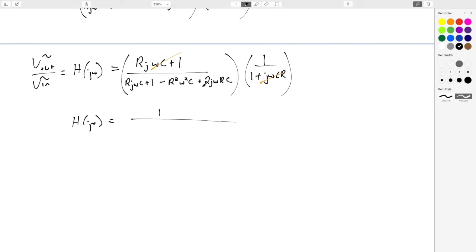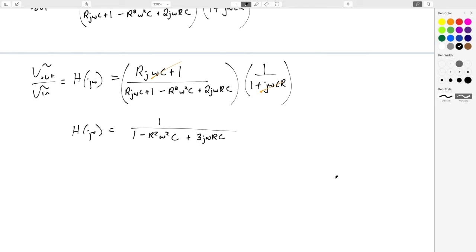This is actually 1 minus r squared omega squared c plus 3j omega r c. Interesting. Was not expecting this to come out at the end. Okay, so I got this as a transfer function out of this.